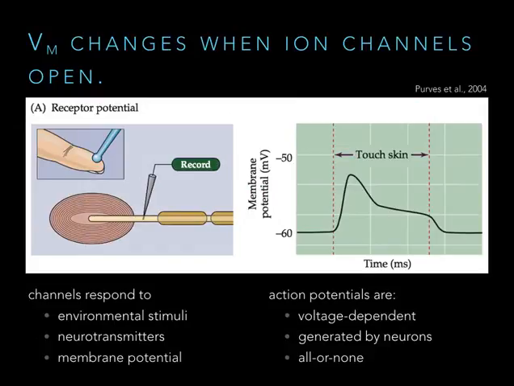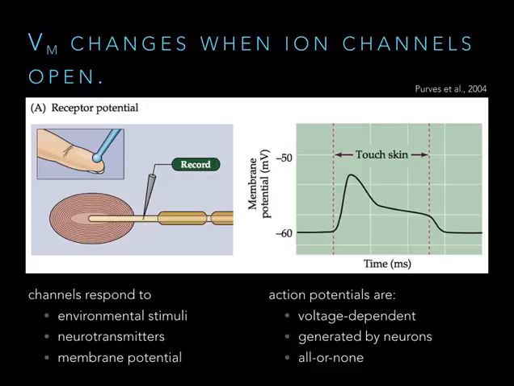Now, whenever we open up ion channels and ions start moving across the membrane, that's going to change our membrane potential. Some ion channels are going to just leak, like those potassium leak channels, and others require some sort of a stimulus. It might be an environmental stimulus like pressure or stretch.